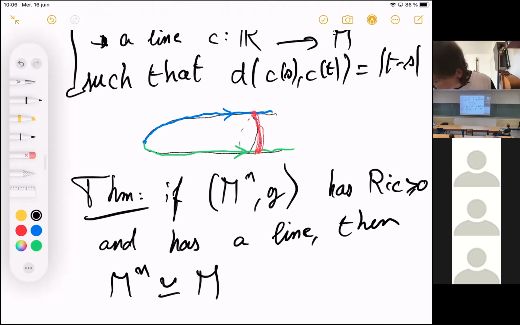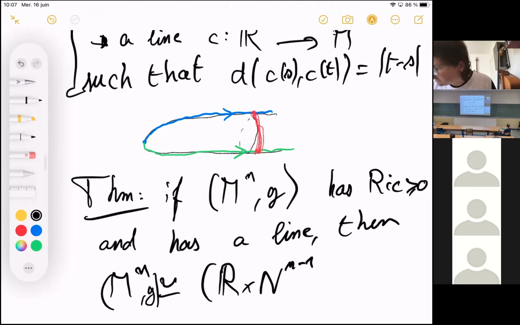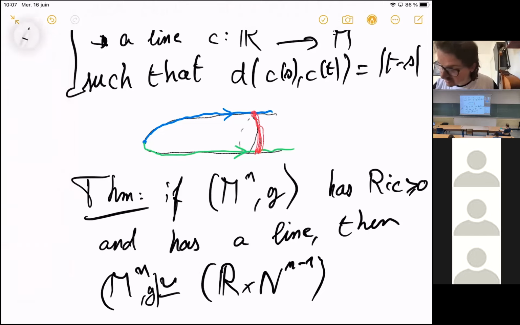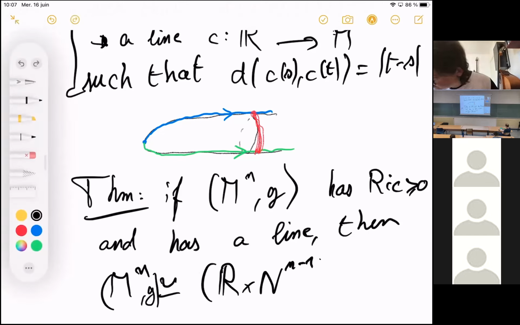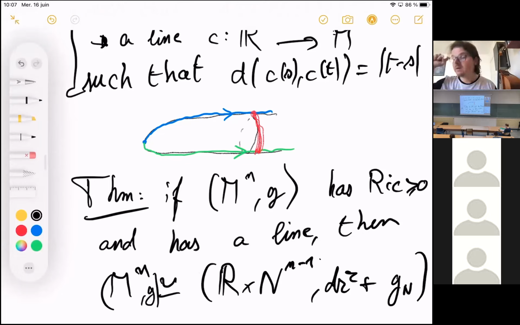So M^n is diffeomorphic to R times N^(n-1), with a product metric dr squared plus g_N. And g_N has non-negative Ricci curvature too.